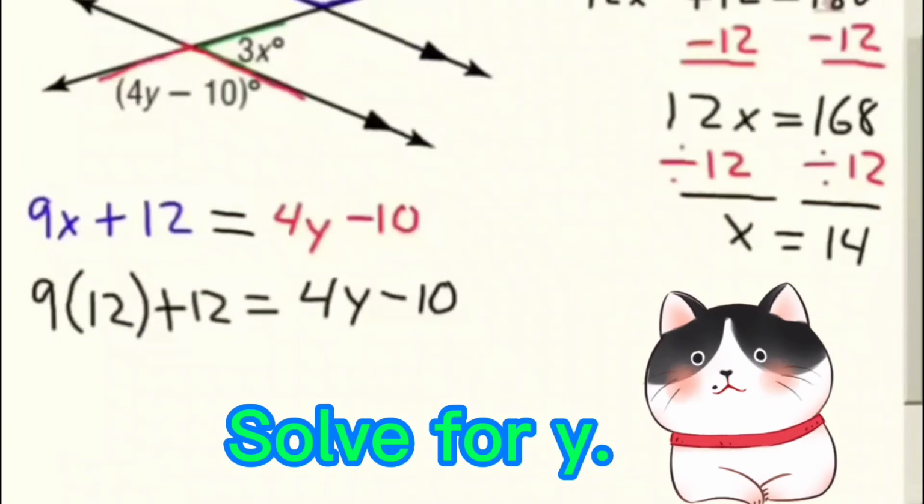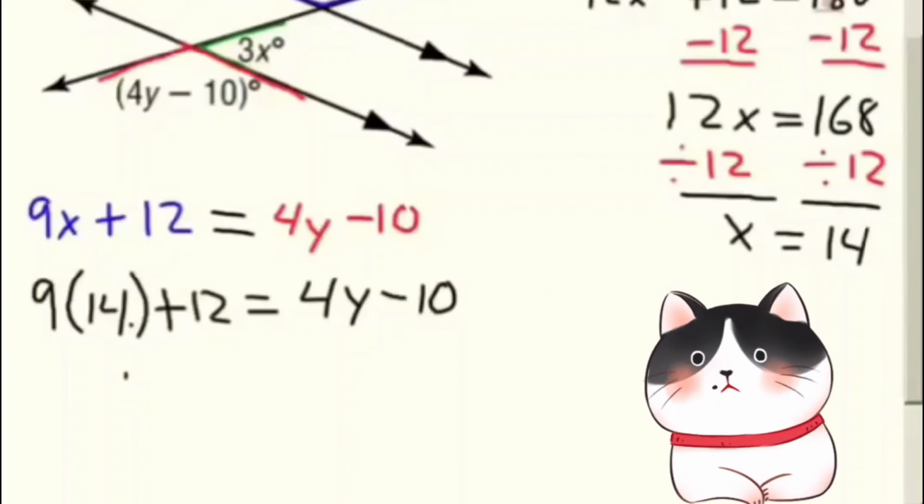Oh wait, x is not 12, x is 14. Oops, mistake. Alright, so 9 times 14 plus 12 is equal to 138, and that equals 4y minus 10.